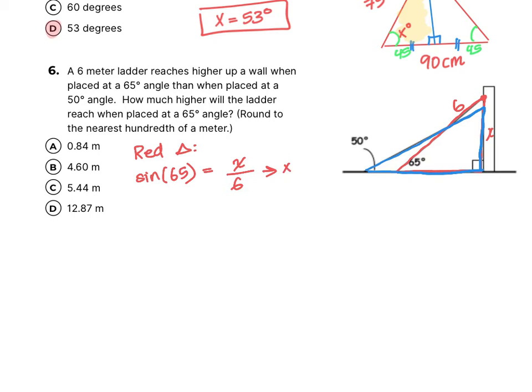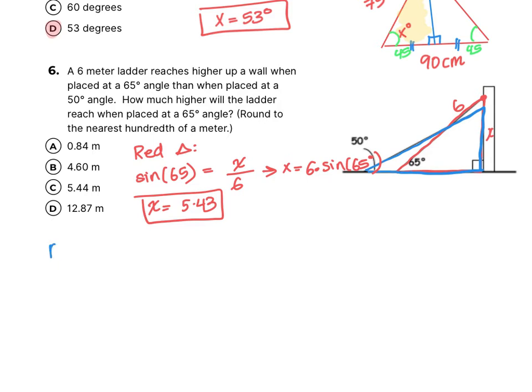So x is equal, if you cross multiply, 6 times the sine of 65. So then x in this case is going to be 5.43, if you put that in the calculator.